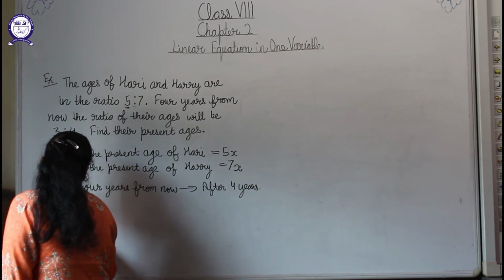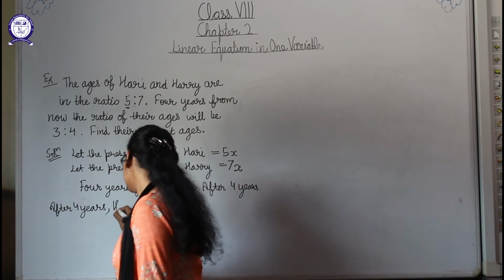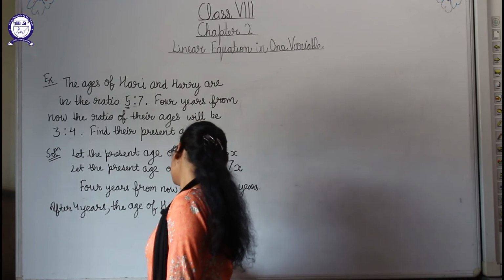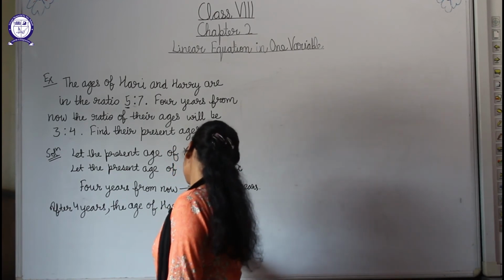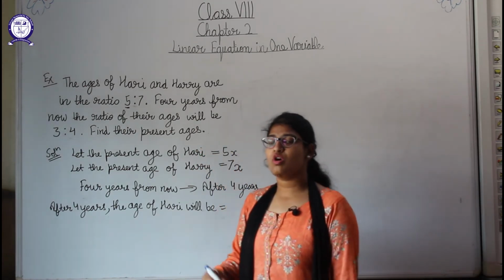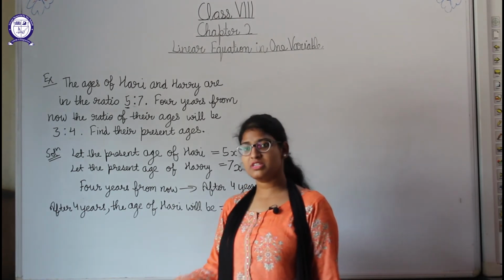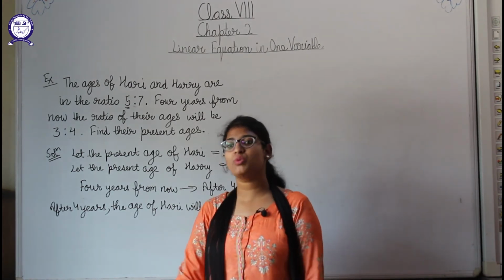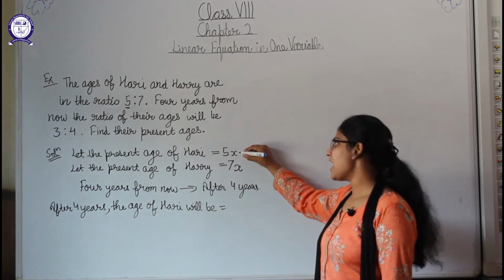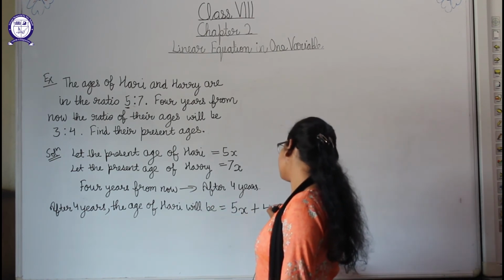after 4 years, or you can write 4 years from now, the age of Hari will be, what will be the age of Hari? Students, suppose if now the age is 10, so after 4 years it will be 14. Suppose the age is 18, so after 4 years it will be 22. It means we have to add 4. So as the present age is 5x, after 4 years the age will be 5x plus 4.